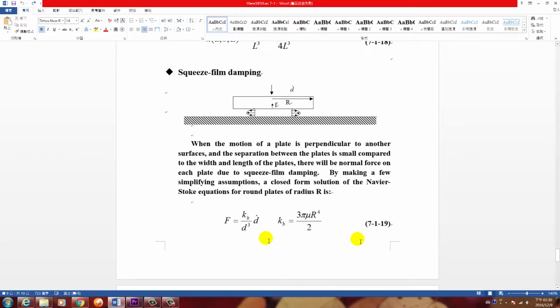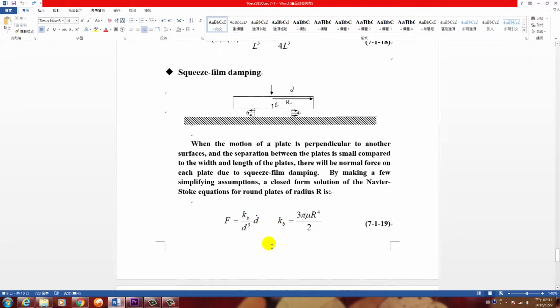A smaller channel gives a lot of shear force because the velocity variation, the gradient of velocity, will be higher. So the force for pushing down will be proportional to the speed and also the distance between the plate and the bottom surface. Okay.